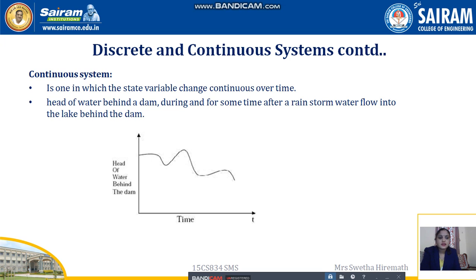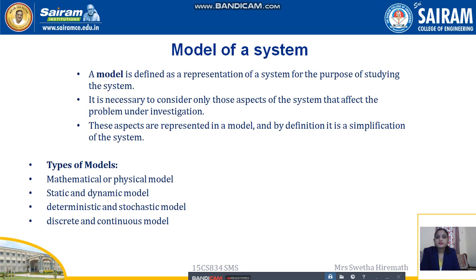So here we can consider the changes in the level of the water because of evaporation, or because of the rain, or because of some storms. All this will continuously change the level of water in the dam, that is the backwaters of the dam, which are being collected in the dam. So this is about the continuous system.